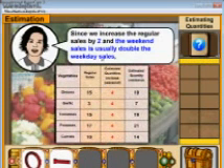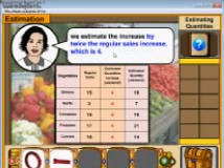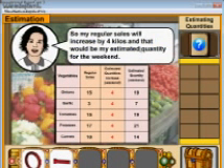Since we increase the regular sales by 2 and the weekend sales is usually double the weekday sales, we estimate the increase by twice the regular sales increase, which is 4. So my regular sales will increase by 4 kilos, and that would be my estimated quantity for my weekend.